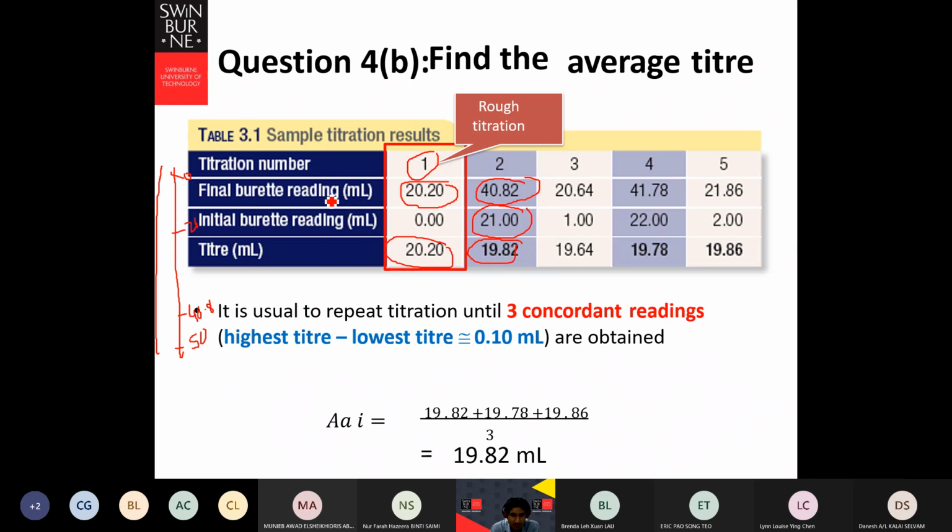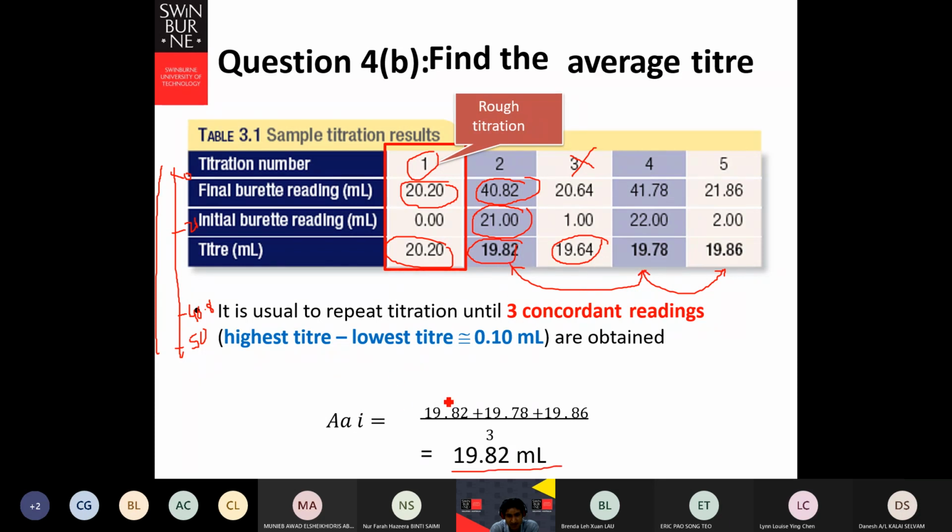Out of these 4, we see that 2, 4, and 5, these 3 are very close to each other. Number 3 is a bit deviated, so we do not want to consider it. So we will take the average of these 3.